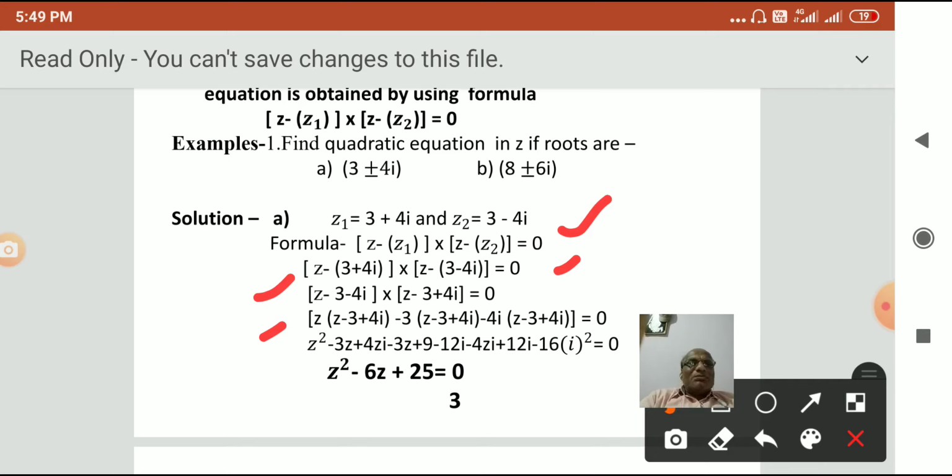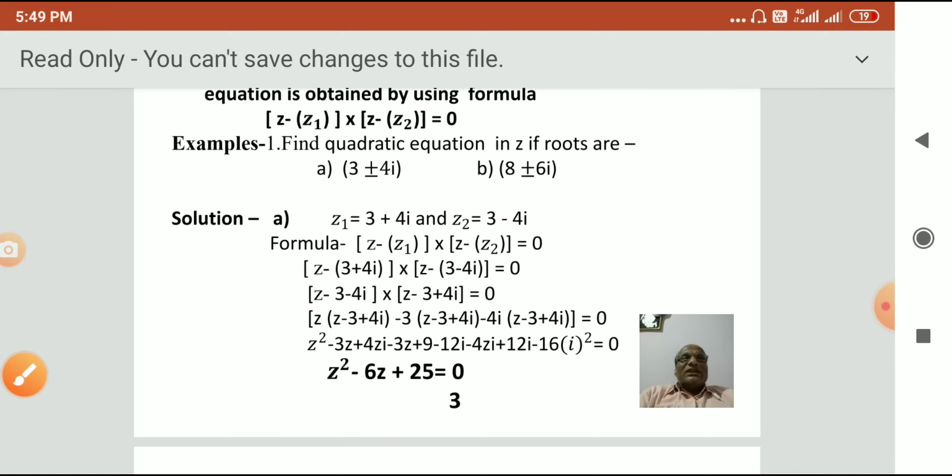So here some plus and minus terms get cancelled, so the remaining terms are z square minus 3z minus 3z, so the term is double, minus 6z, plus 9 and plus 16, so this is 25, which is equal to 0. So we get the quadratic equation of this complex root: z square minus 6z plus 25 equal to 0.